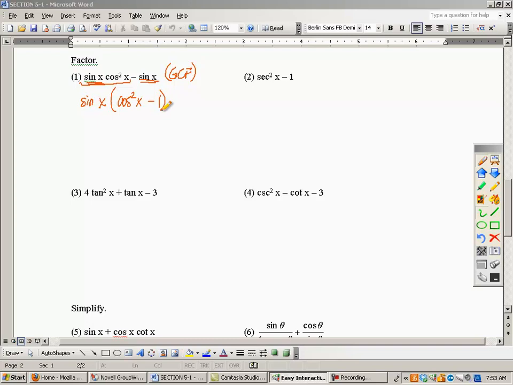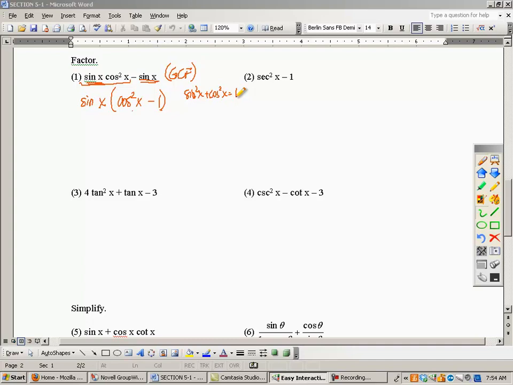So we look at this and we got to say, okay, is there anything that I can do with that cosine squared minus 1? And what we want to try and use is those trig identities on the front. So flip to the front and say, okay, which one of those identities maybe has something to do with a cosine squared and a 1? And what you'll find out is that sine squared plus cosine squared equals 1. So I have to rearrange this a second.